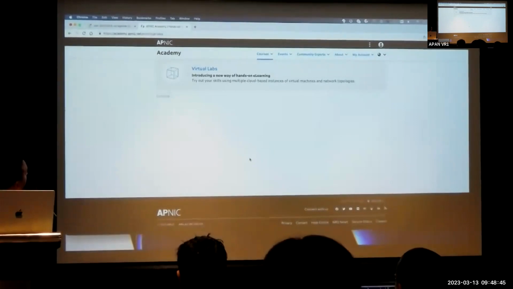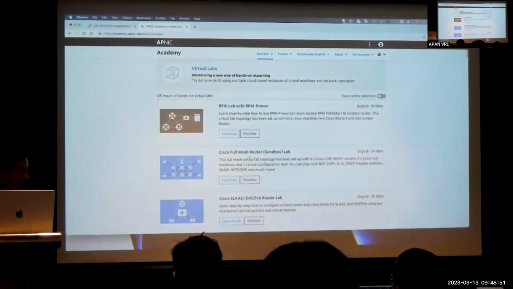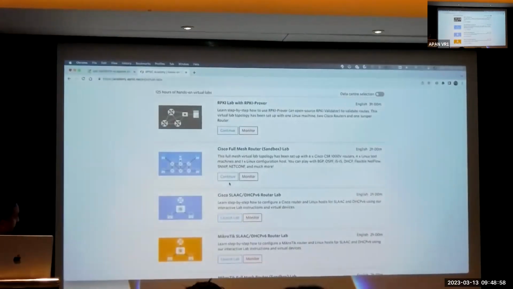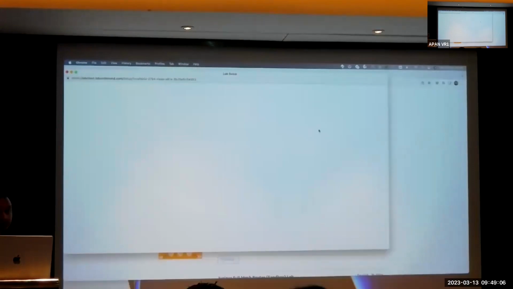Right, so I can see so many virtual labs. So actually, I was doing this lab yesterday so that we don't take a lot of time here today. We'll just continue on this lab. So please make sure your browser has pop-ups enabled. Otherwise, you'll not be able to run this window for the lab.